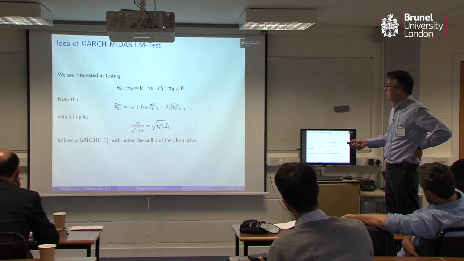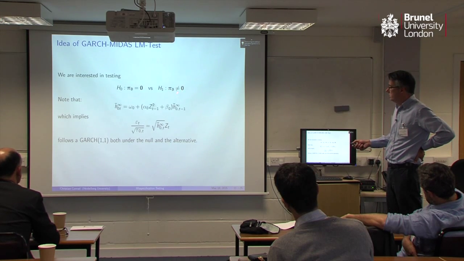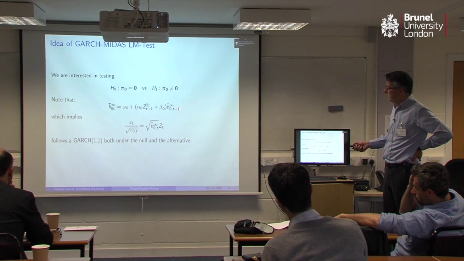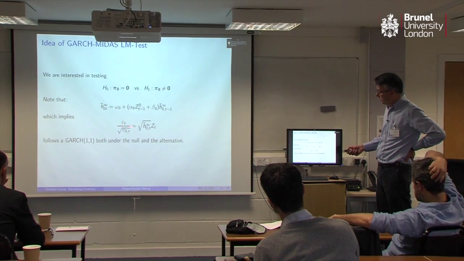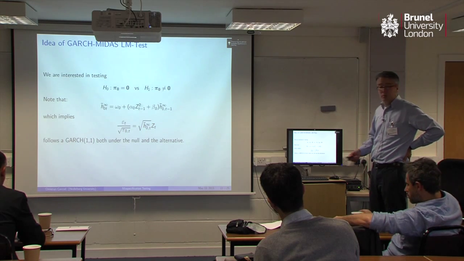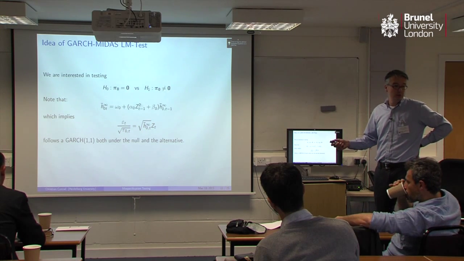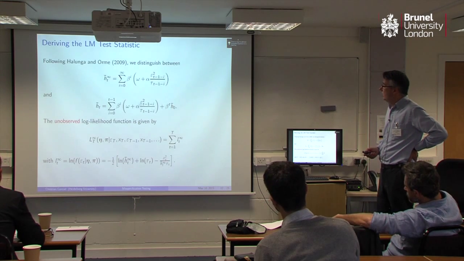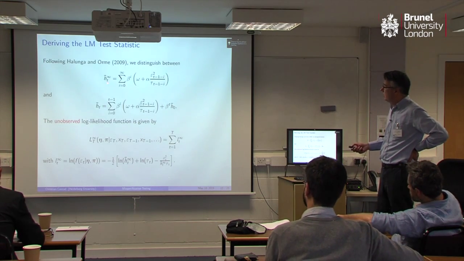So these are the null and alternative. And as I said, when we do it in this way, then epsilon_t divided by the square root of tau_t is a GARCH(1,1), both under the null and under the alternative. That's important. Now, how to derive the test statistic.